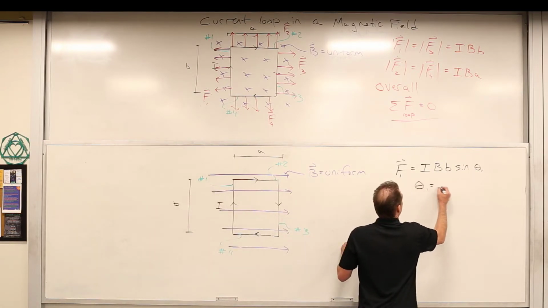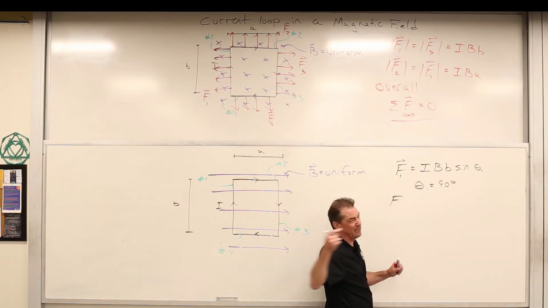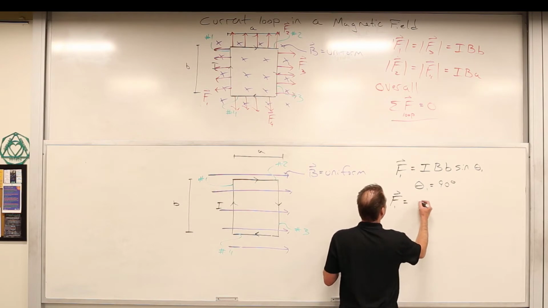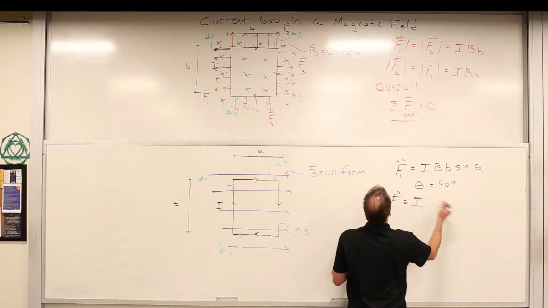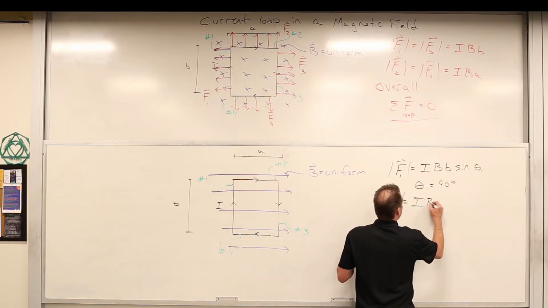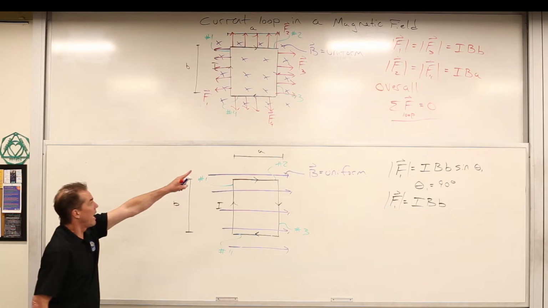So we've got that theta 1 is equal to 90 degrees. Thus, the sine of 90 being equal to 1, we are left with F hat 1 being equal to, let's do magnitude, I times B times B. That's what we had before, IBB.